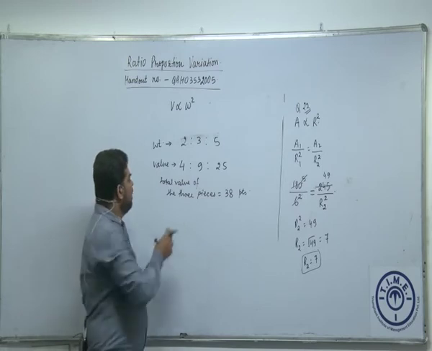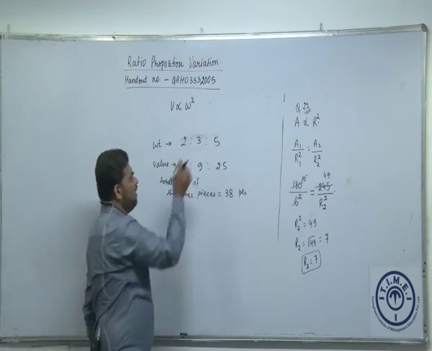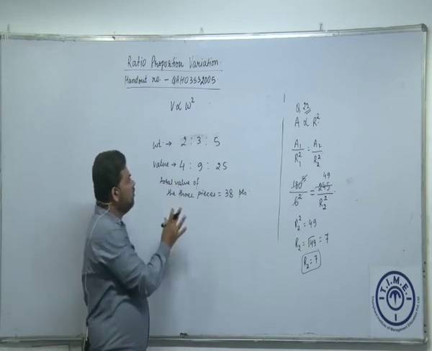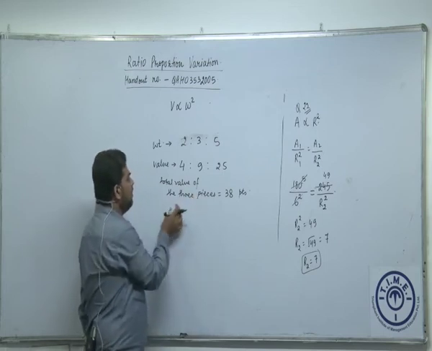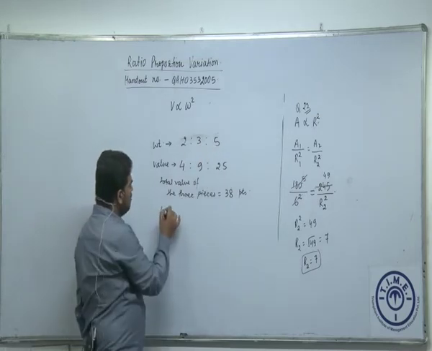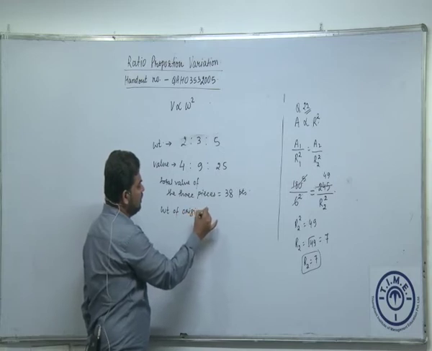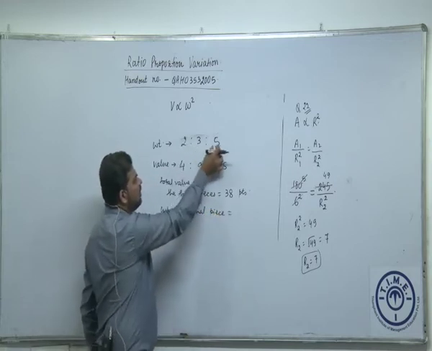Now tell me, if I am taking the weights of the 3 broken pieces as 2, 3 and 5, what was the weight of the original piece? Can we say the weight of the original piece was 2 plus 3 plus 5?